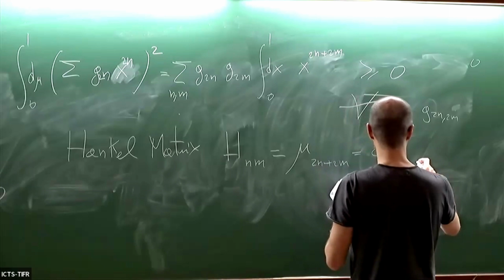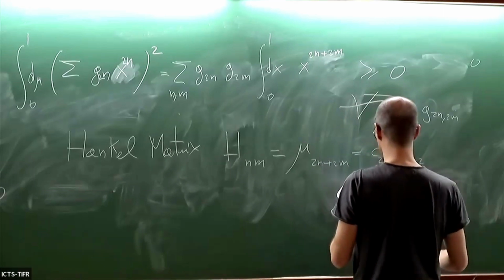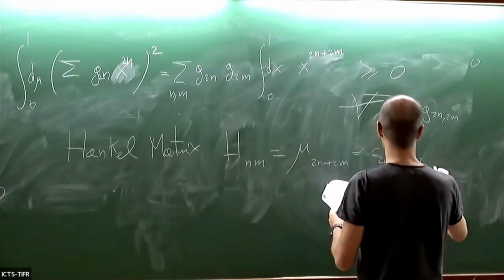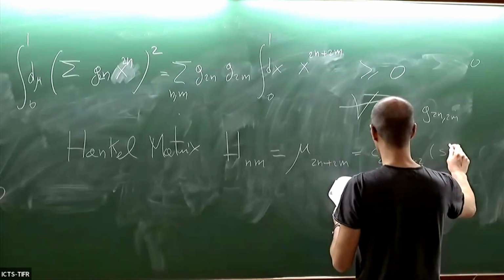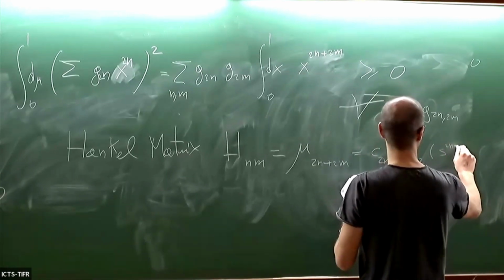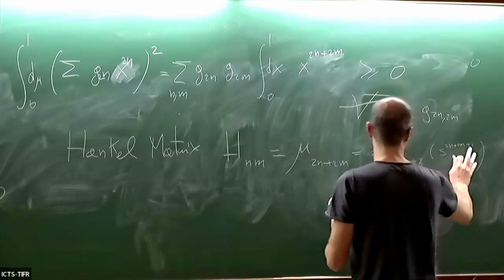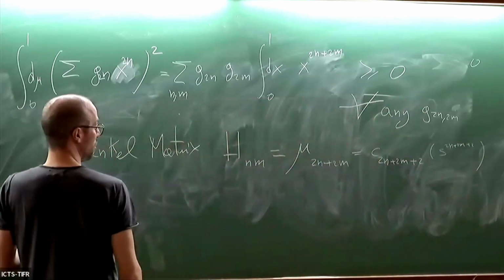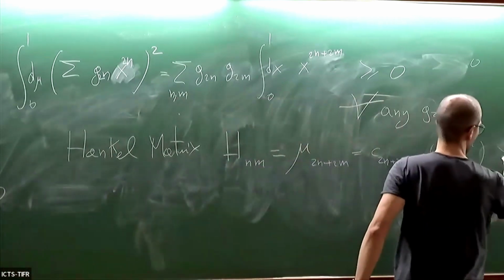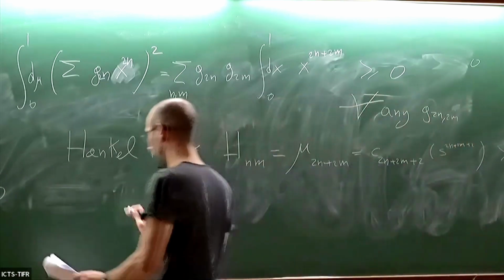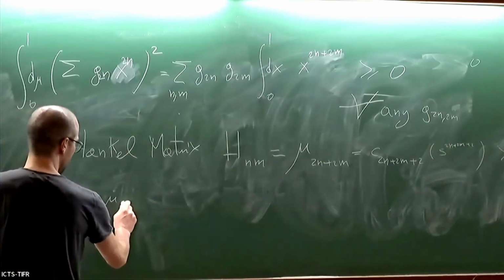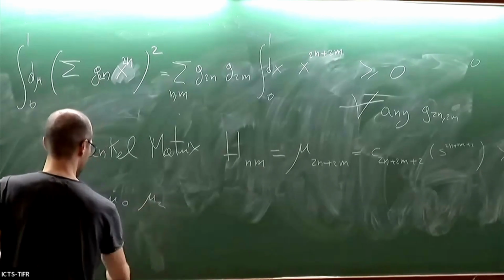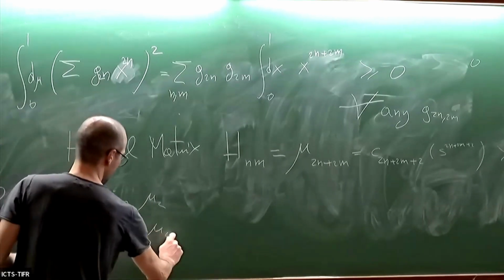Yeah, okay, I'm dropping all the factors of S. I didn't put them anymore. So I basically set S equal to 1 everywhere, but with powers of S all around. So this must be a positive definite matrix. So let's see it. For example, mu0, mu2, mu2, mu4.